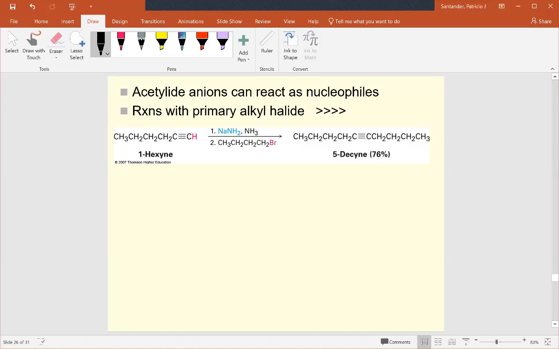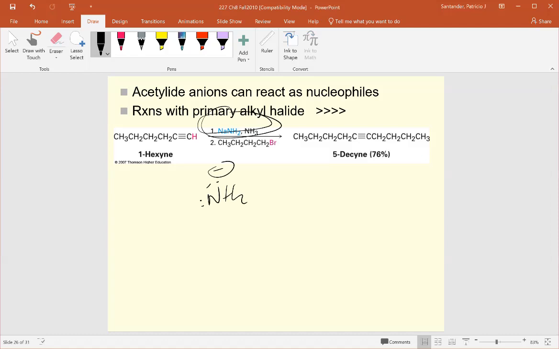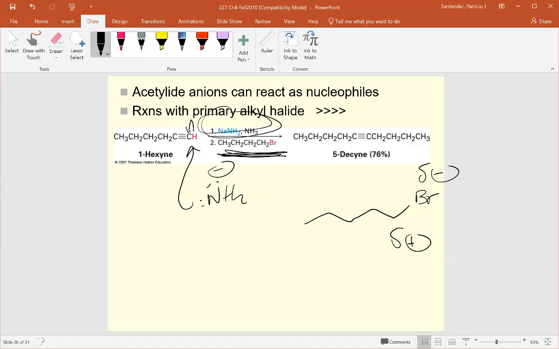So this is the first example that we have. You have step number one, reaction with sodium amide. So the sodium amide, the NH2 minus with a lone pair, is going to abstract the proton, and the pair of electrons will stay on the sp hybridized carbon atom. And then step number two, we have reaction with butyl bromide. So where is the delta plus and delta minus in my butyl bromide? I will have a delta minus on the bromine and a delta plus on the carbon.